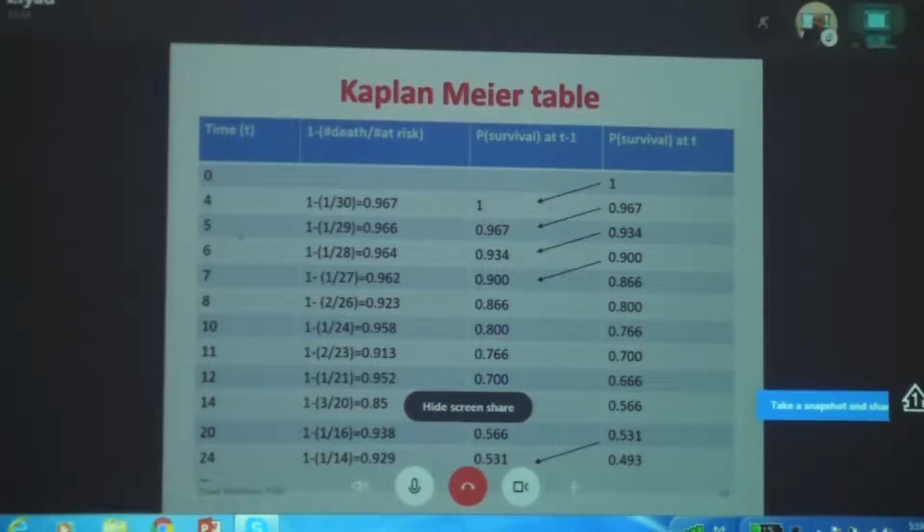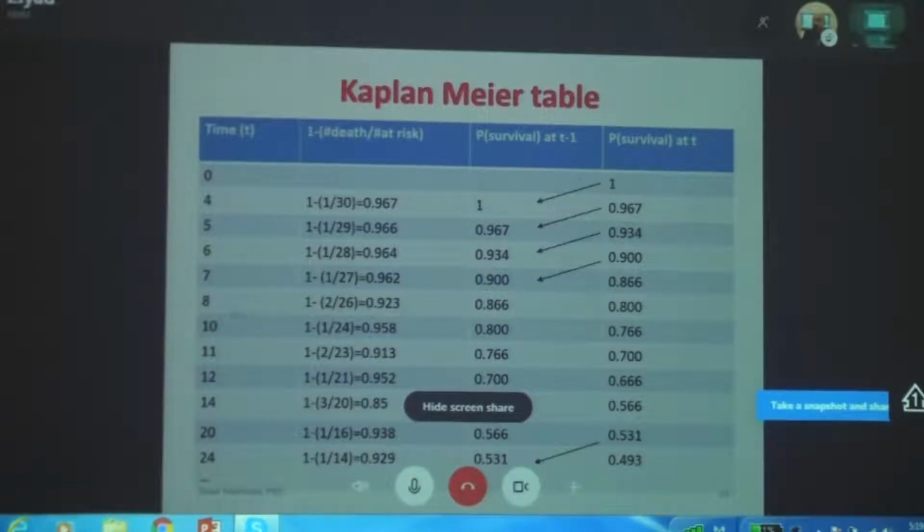Now, again, at week 5, 1 died out of the remaining 29. So the denominator now is 29 because there are only 29 at risk, because one of them died, so he's not at risk anymore. So 1 minus 1 death out of 29 is 0.966, times the prior probability of the week before, 0.967, you get 0.934, and so on.